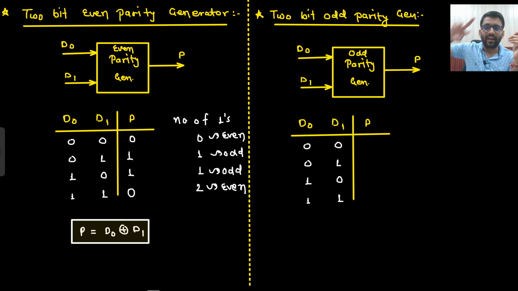What you need to think is that I have an even parity generator and my inputs are D naught and D1. My parity bit will be 1 if the number of ones in the inputs is odd. Listen to this line very carefully.